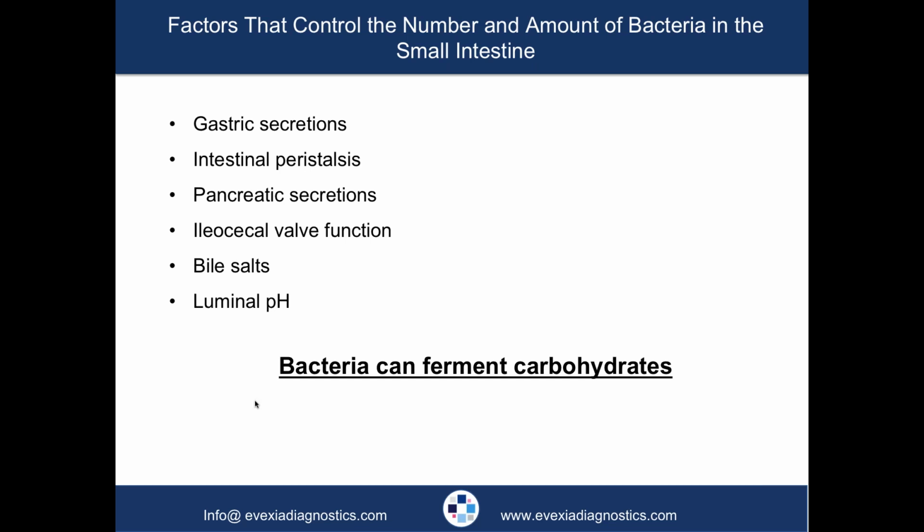Now, of course, pancreatic secretions: if the pancreas isn't working properly, if there's a problem with the ileocecal valve function, a problem with bile salts, meaning existing gallbladder problems, gallstones, things of that nature, and if there's alteration in the pH of the lumen, all of that is going to lead to potentially increased bacteria in the small intestine.